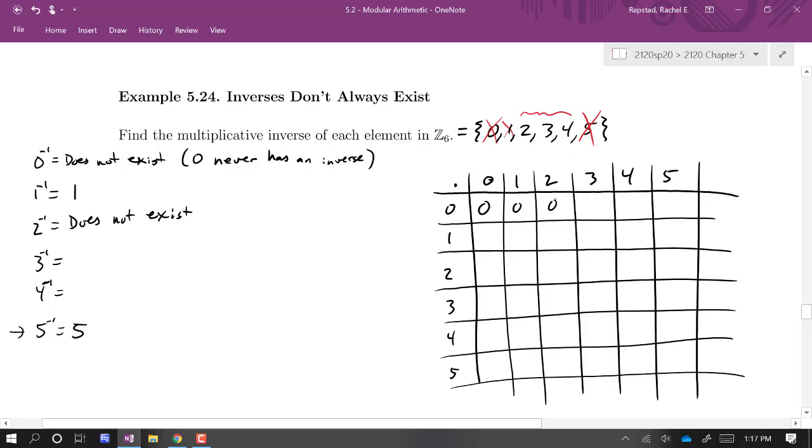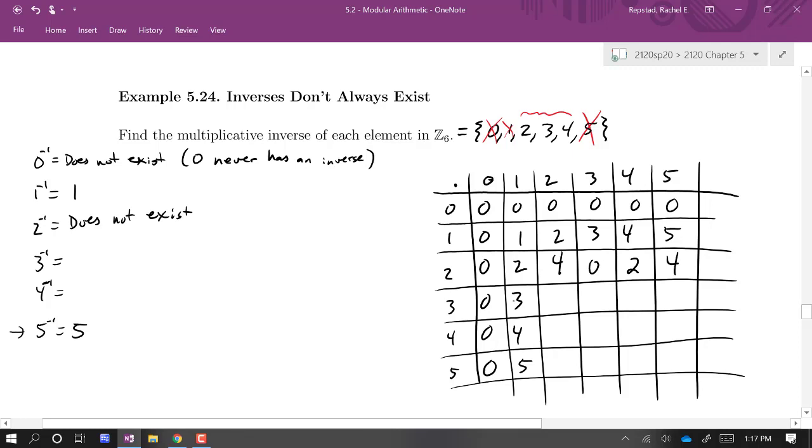So the first row and column are all zeros. Let's see, multiplying by 1 is pretty easy. Okay, now 2 times 2 is 4, that's already reduced mod 6. 2 times 3 is 6, that's 0 mod 6. 2 times 4 is 8, which is 2 mod 6. And 2 times 5 is 10, which is 4 mod 6.